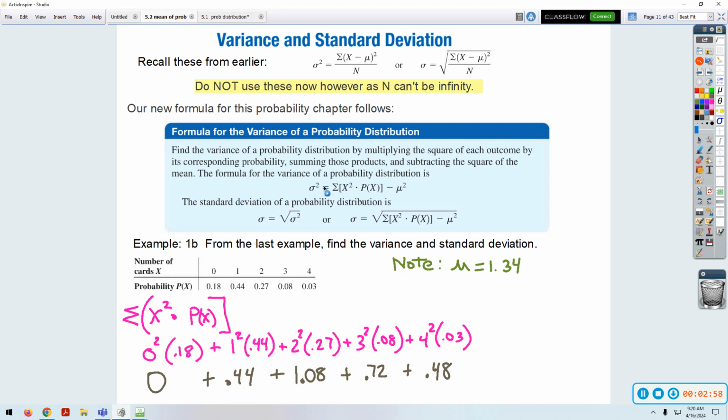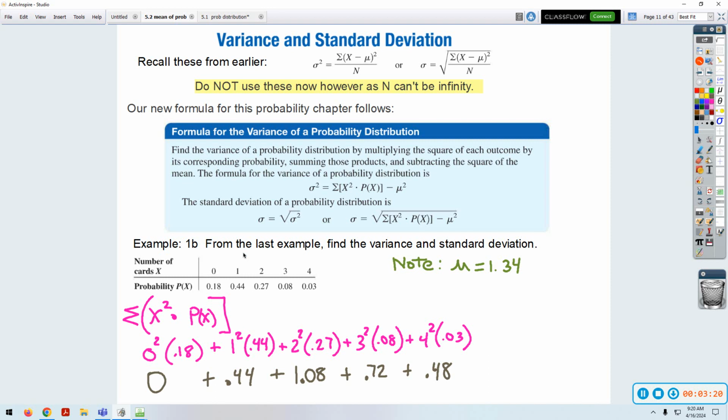And this is kind of nuts here. It deals with the mean squared at the end. And this portion of it right here is the summation of all of your x's squared. Before it was just x's, but now we're going to square those x's and multiply them by their probabilities.